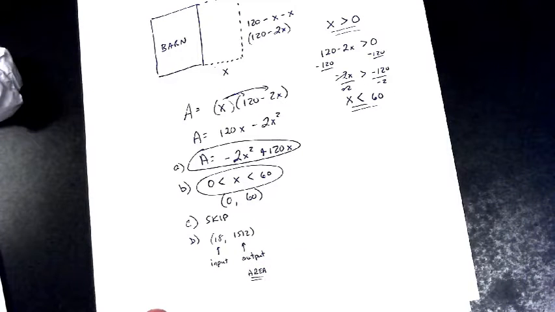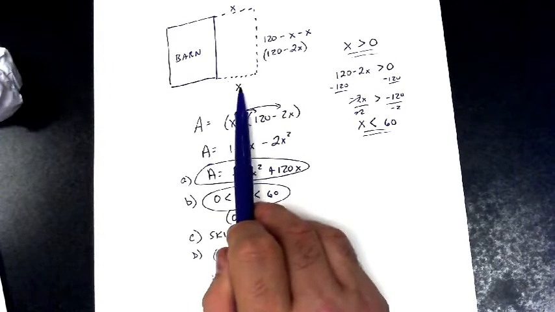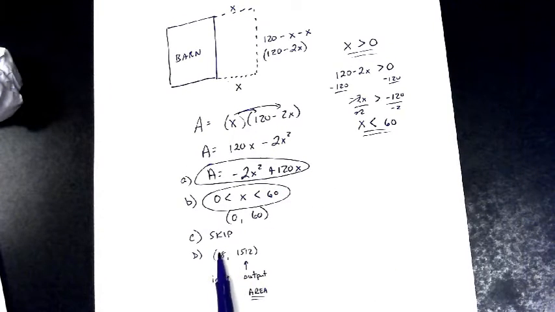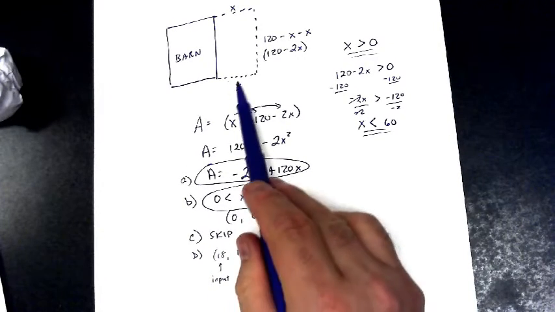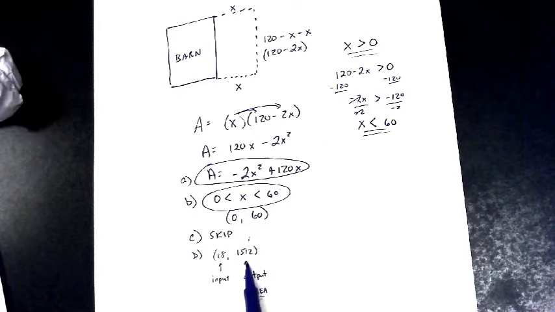So if you make the short side here of your fence 18 feet, then what you're going to get is an area of your enclosure inside this fenced in area of 1,512 square feet.